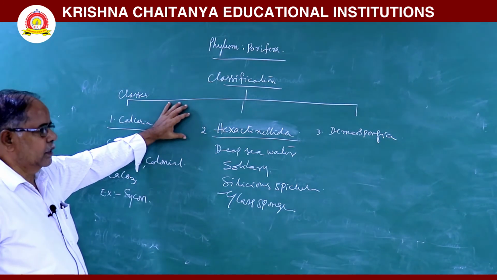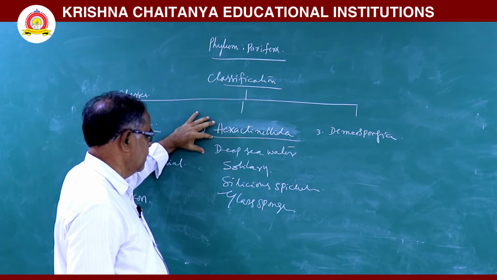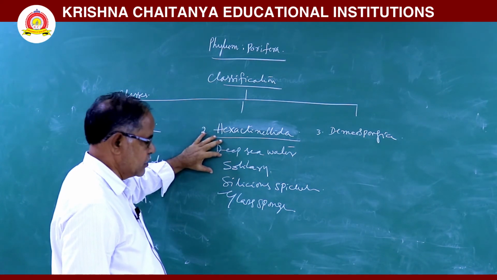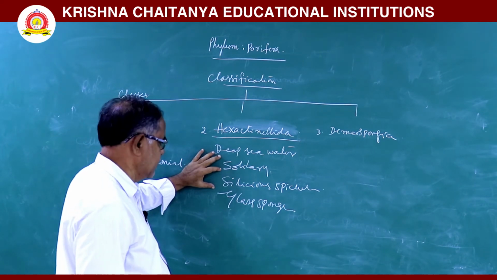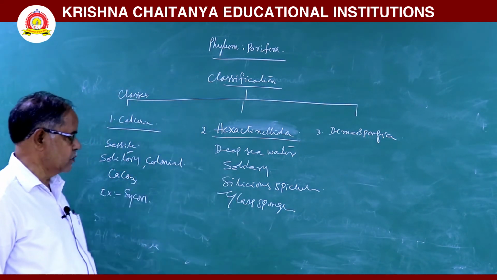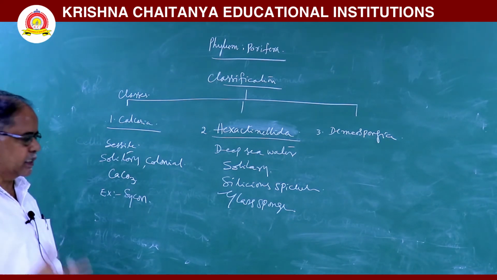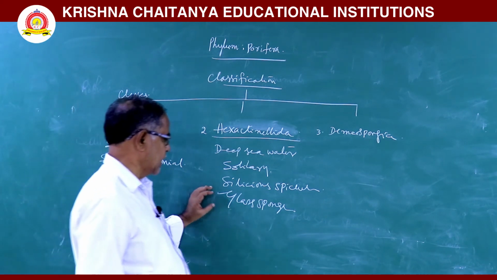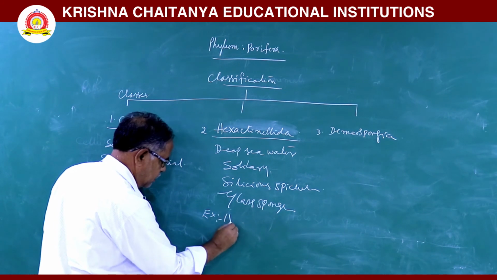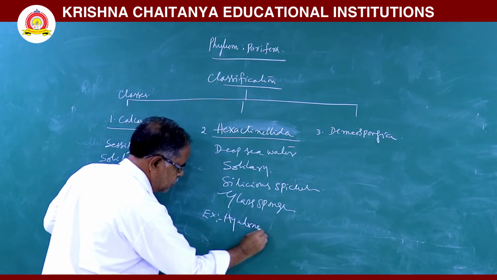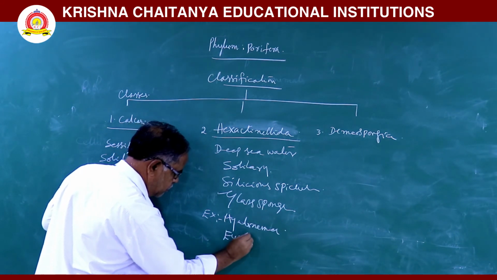So, the animals included under class Hexactinellida live in deep sea water. They are solitary. Here, spicules are made up of silicon dioxide. Siliceous spicules are there. Six-rayed spicules are there. These animals look like glass. The animal is very transparent. That's why they are called glass sponges. Example, Hyalonema. Next, Euplectella.